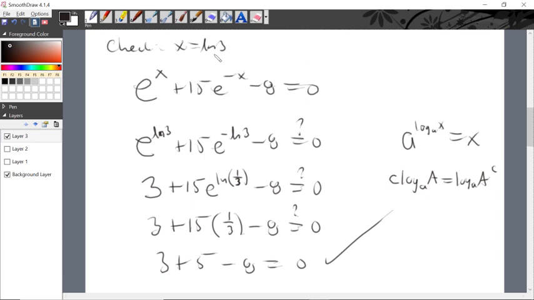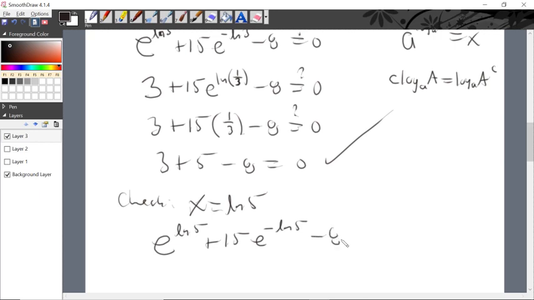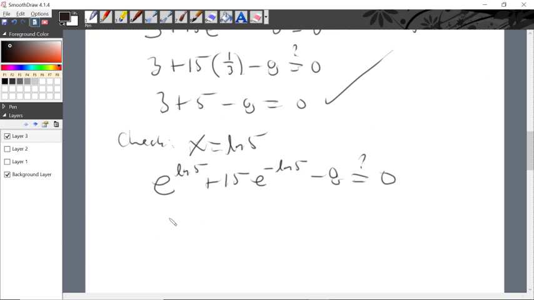Now let's check x equals natural log of 5. All right, so e to the natural log of 5 plus 15e to the negative natural log of 5 minus 8. Does that equal 0? e to the natural log of 5 is equal to 5, and then plus 15e to the negative natural log of 5, that's e to the natural log of 1/5.